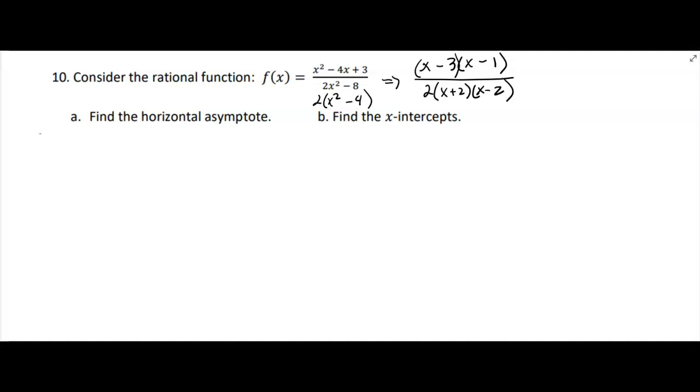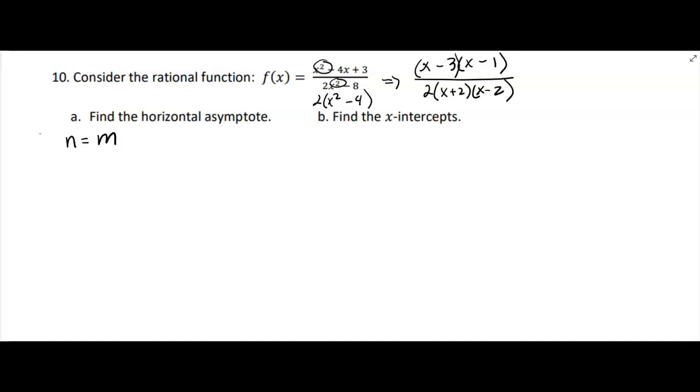Now, when you want to find the horizontal asymptotes, that had to do with the degree of the numerator and the degree of the denominator. When they're the same, when n equals m, you have n greater than m, n less than m, n equals m, and they might be the other way around, but it doesn't matter.